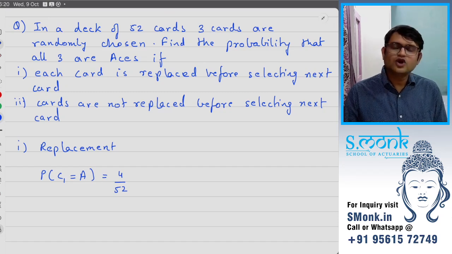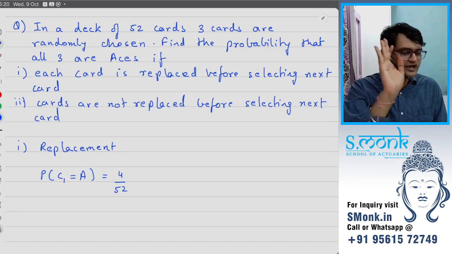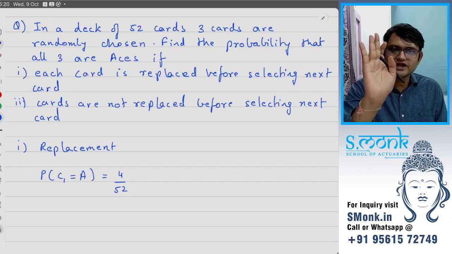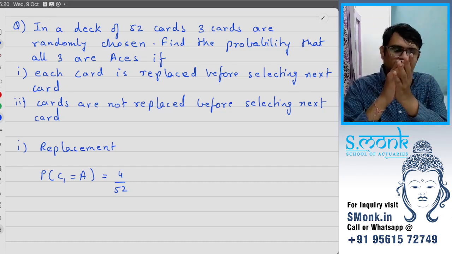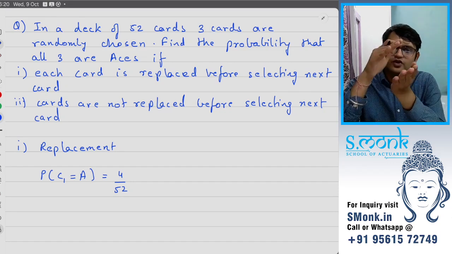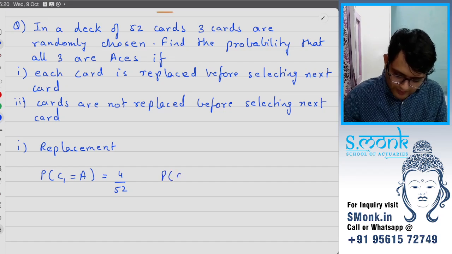Similarly, because I have put that card back after looking at it, whether it is an ace or not does not matter. I look at that card, and then put it back in the deck and reshuffle it. So I still have 52 cards, still 4 aces in the deck when I'm selecting the second card. So probability that card 2 is an ace is also 4 by 52.